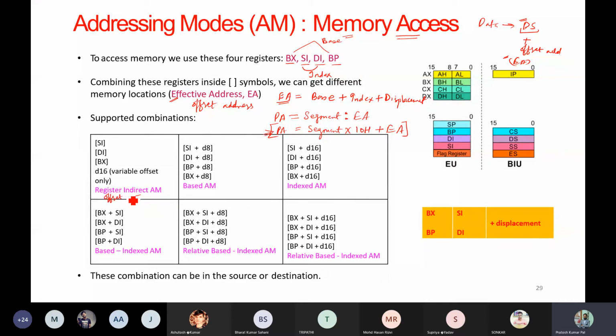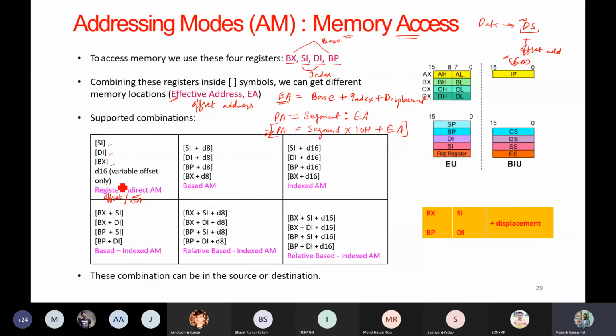Here the effective address will be given in the form of SI. We can directly use the SI register, the DI register, or the BX register, or a displacement, plus we will be having a 16-bit value, D16. This is a variable offset only, so there will be a direct value.